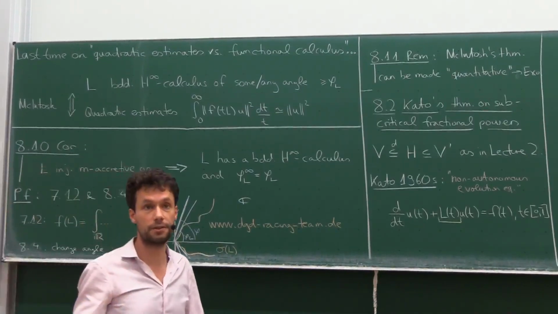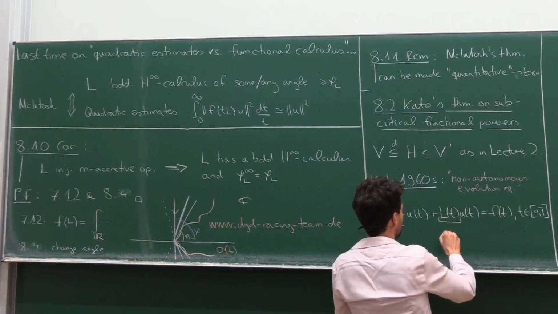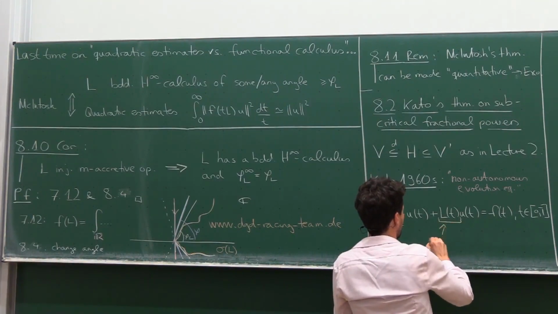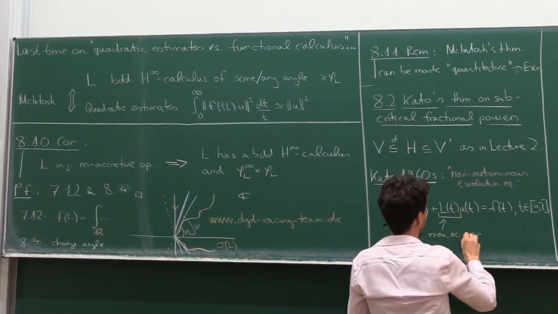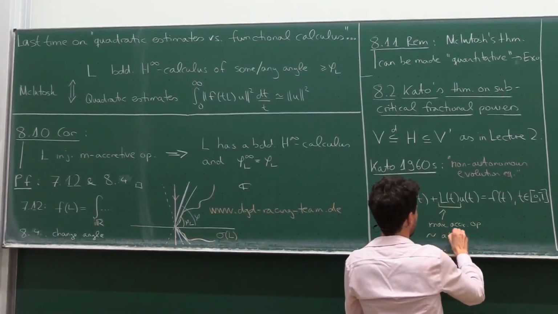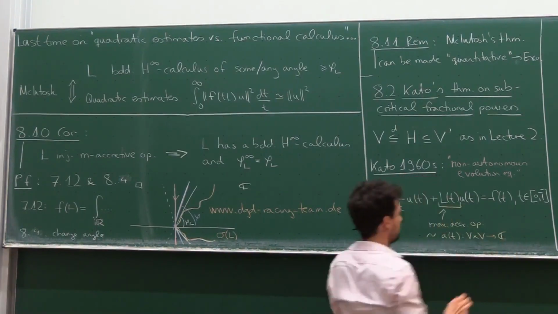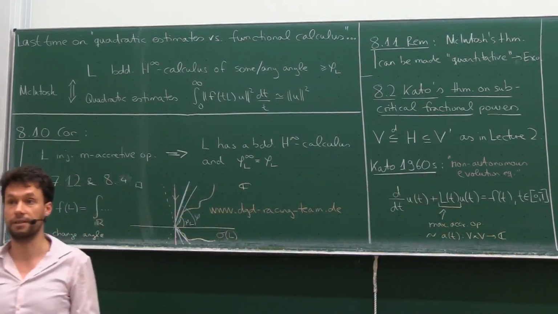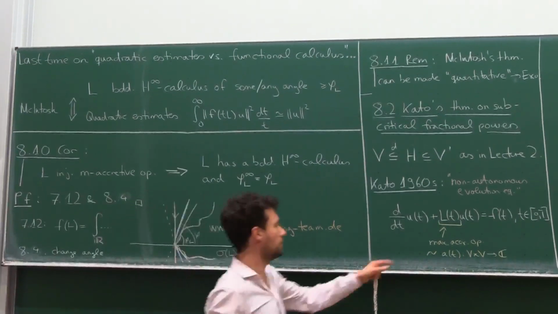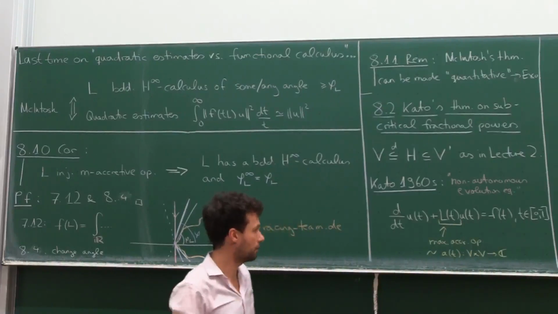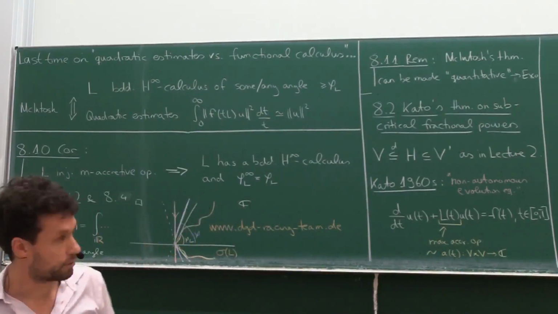So u is a function valued in H, and L of t is a maximal accretive operator associated with a sesquilinear form that also depends on t, but is defined on the same form domain V. For every t, there's a sesquilinear form that has some properties, for example bounded, elliptic, accretive.